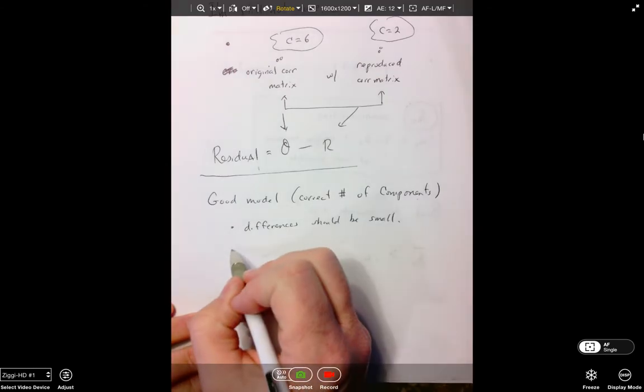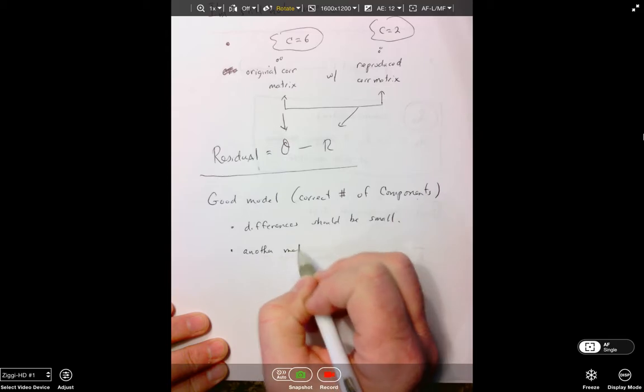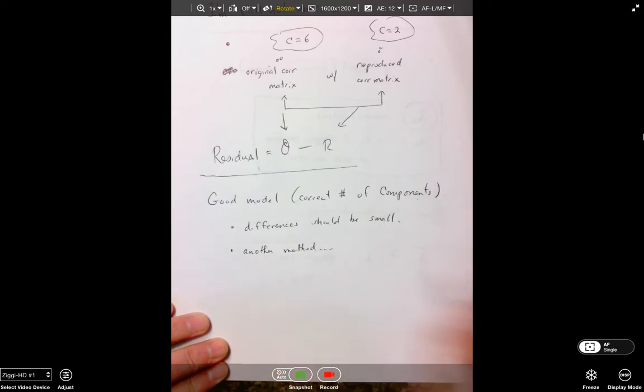But another way of doing this is not only to examine the differences and go through each and every item in the difference of the correlation matrix and the reproduced correlation matrix. Another way is to examine the fit based upon off diagonals.